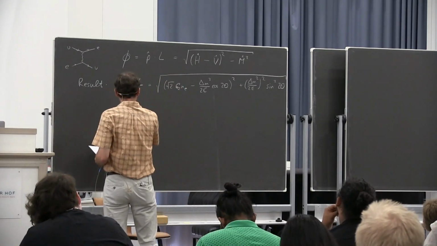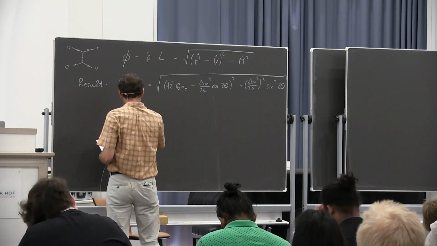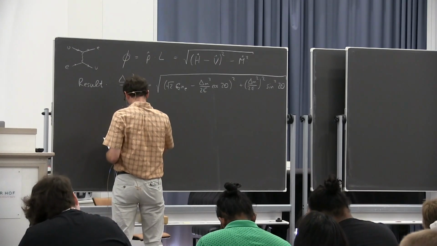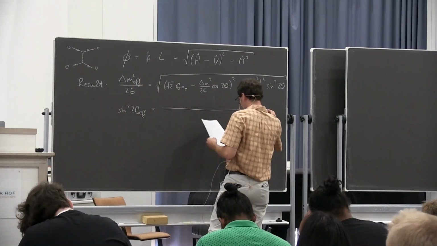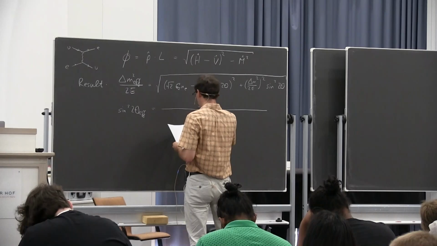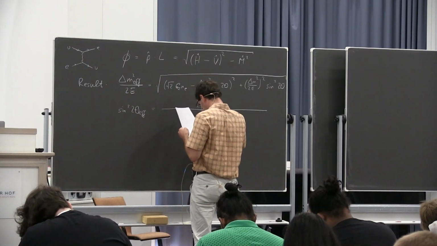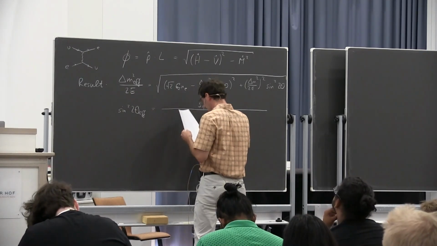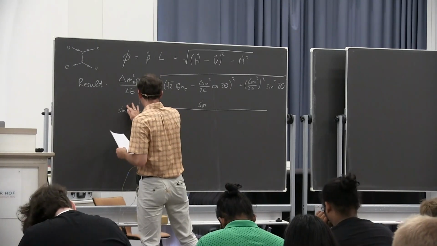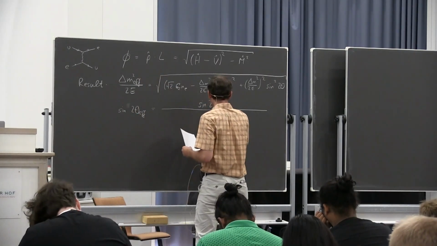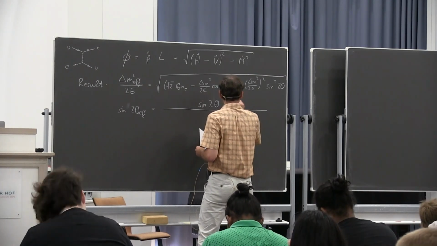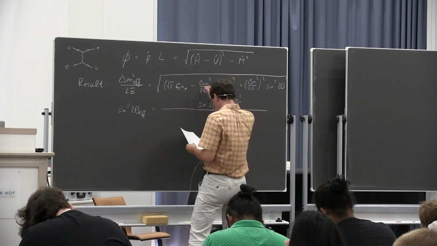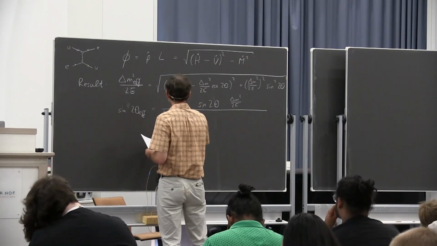We can also similarly define an effective mixing angle, sine 2 theta effective. That is given by sine 2 theta times delta m squared over 2E divided by exactly the same square root again.